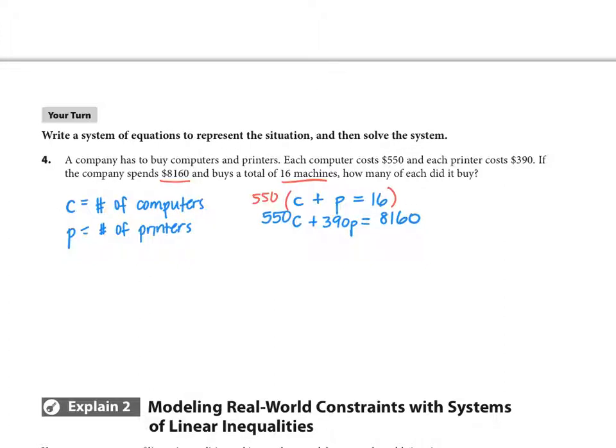So if I multiply everything in that first equation by 550, I'm going to get 550C plus 550P equals 8,800. Then I'm going to copy the other one, the second equation. I don't need to do anything to it since they're going to be the same number for both of my C terms.